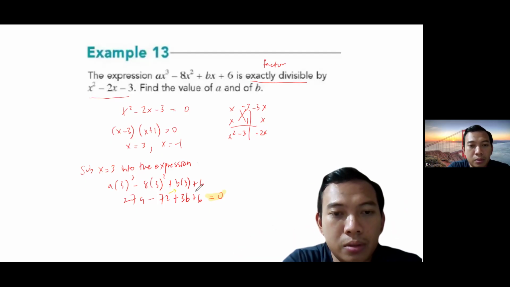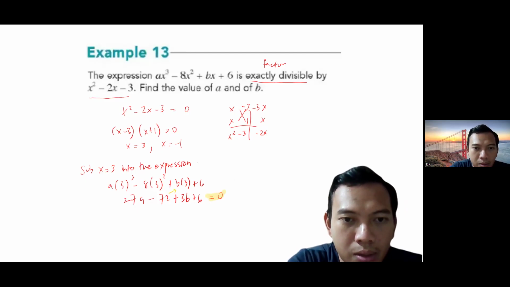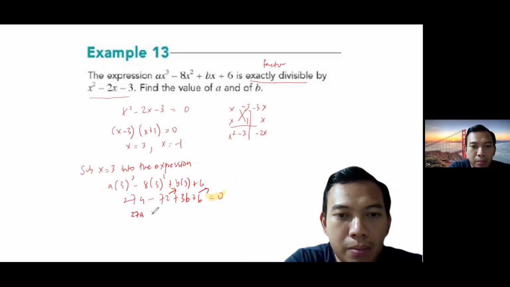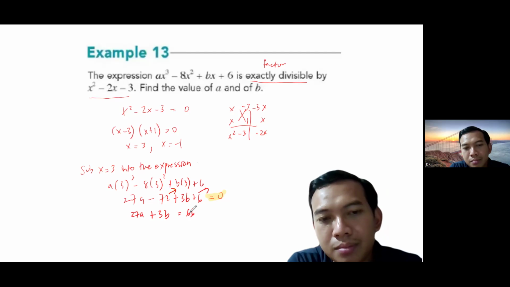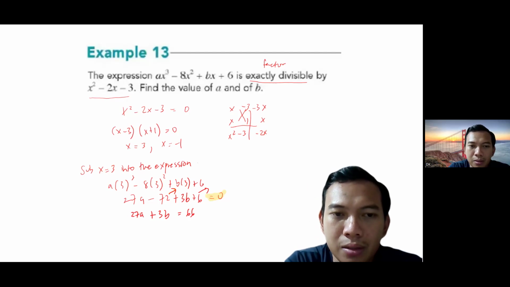So bring the others over to the other side. We get 27a plus 3b equals 72 minus 6, which is 66.